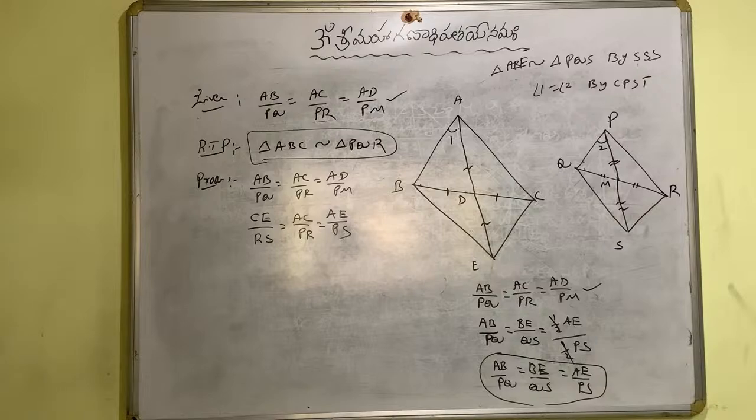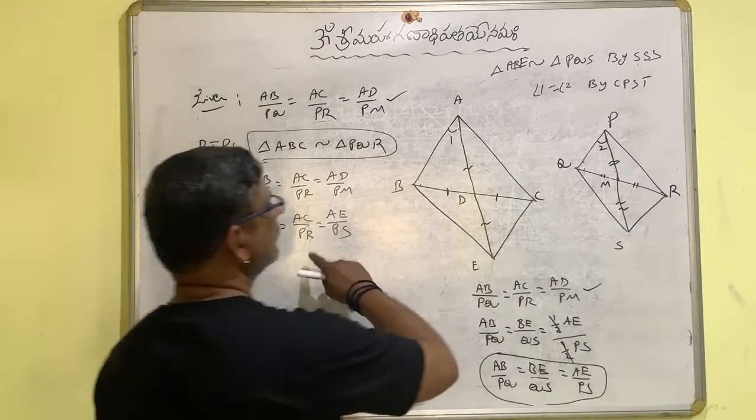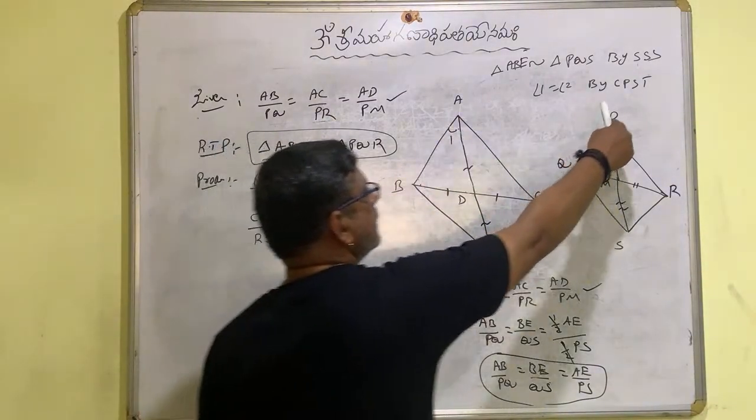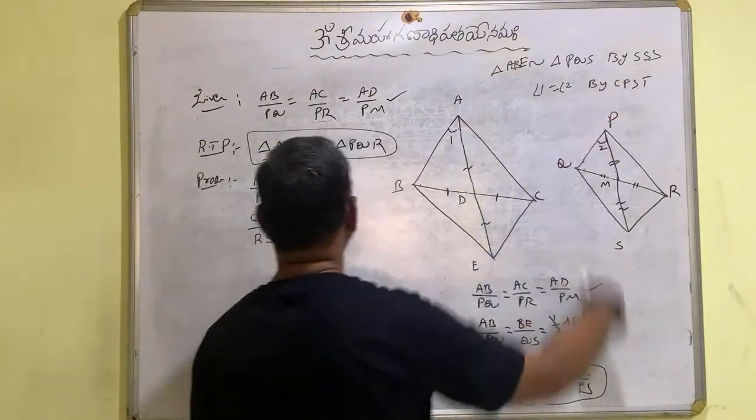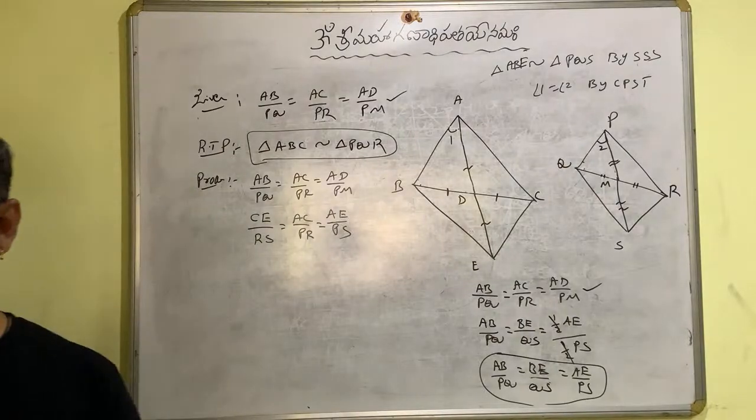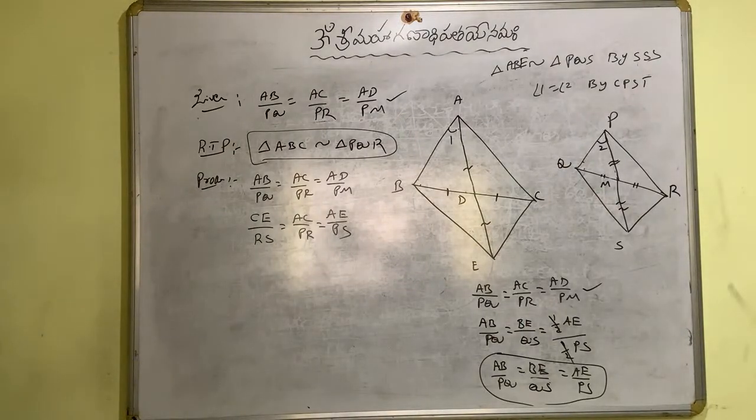Now observe this ratio. AC by PR is equal to CE by RS is equal to AE by PS. Okay?